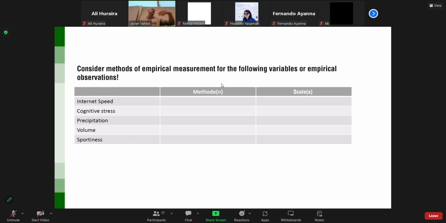Mega, okay, or kilo, or whatever, depending on the communication protocol that you are using, right? And the scale is why? Okay. And this is when the person on the other side of the phone is telling you, did you turn off the modem? Please turn off the modem now. Yes? So cognitive stress. How do you measure cognitive stress?